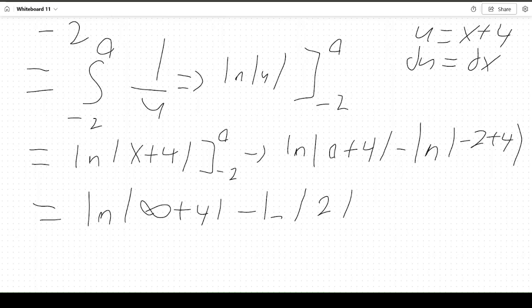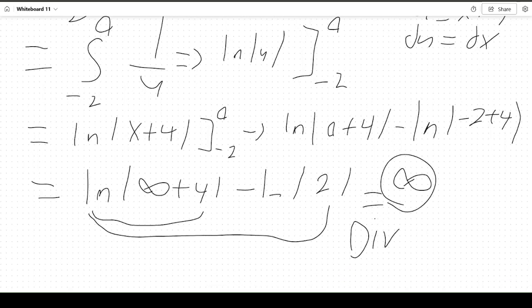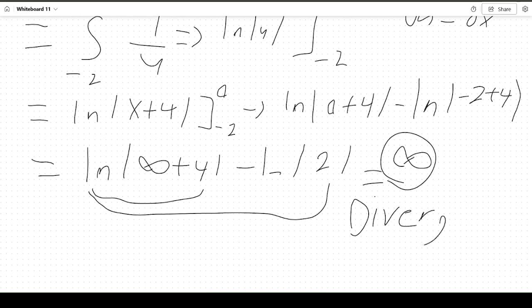When you have an ln of infinity, it won't just affect this term, it will affect the whole problem. So ln of infinity plus 4 will lead to an infinite number, and that will affect the whole thing. So this would be infinity, which would cause the problem to be divergent.